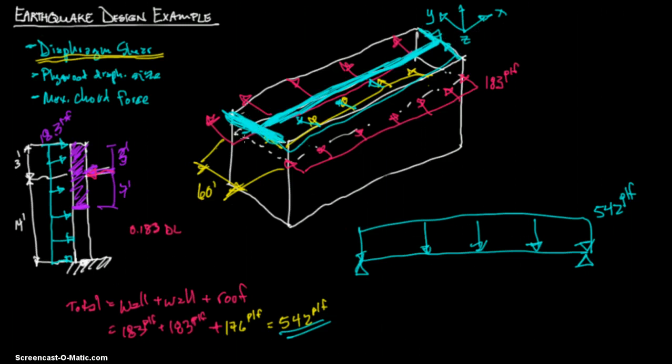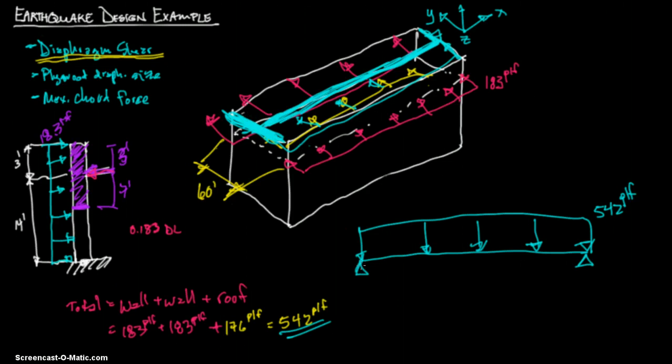Actually the reaction would be down here at the roof, but we can just say it's up there, because that's what we're talking about. And it's 60 foot deep. So we need to figure out what that reaction is right here, and it's also spread across that entire 60 foot.